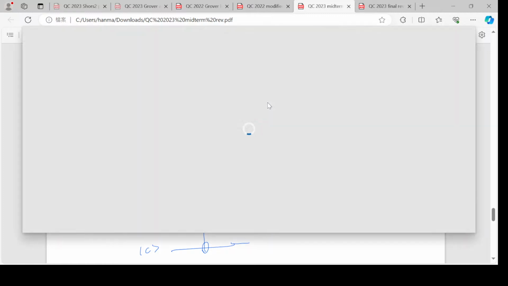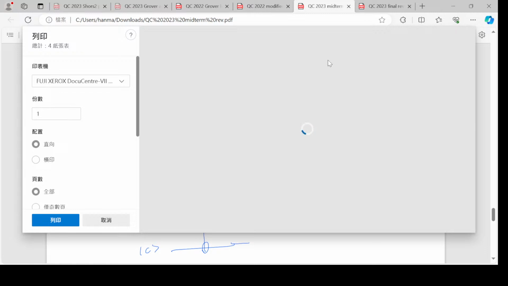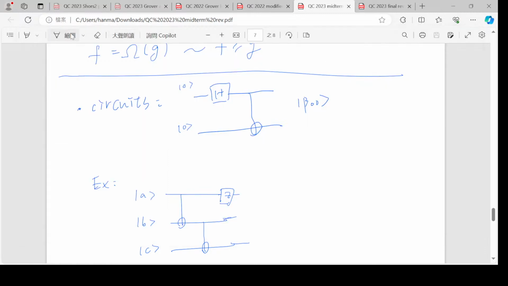So let's do this again. To calculate the output of this circuit, you put it in blocks and look at different time slices. We start with 00, then the 0 goes through the Hadamard and becomes 0 plus 1. I forgot normalization for now.